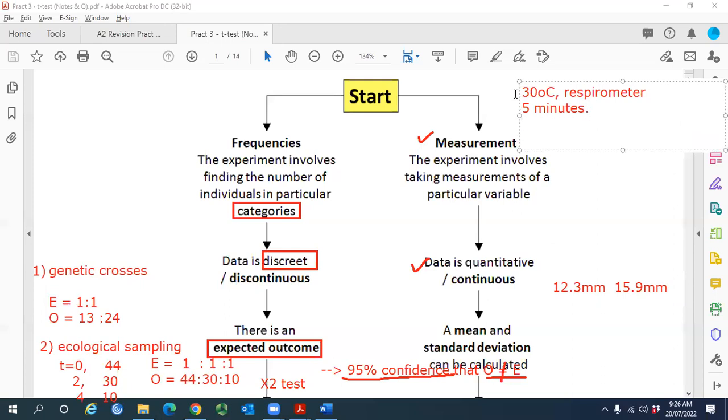Student A collects the data, which is the distance traveled. Let's say the distance traveled is 12, and then this is a repeat experiment, 14, repeat experiment again, 9. So there are 3 readings taken by student A, and then student B also takes 3 readings. She got, let's say, 17, 24, 9.